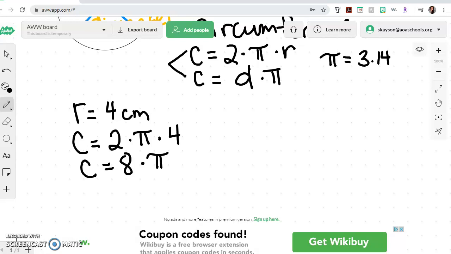Remember that pi, the symbol here, is a special number, and the number that we use to estimate it, since it goes on forever, we have to cut it off. We say pi is actually equal to about 3.14. So we get circumference equals 8 times 3.14, and then we're going to do the math on that.